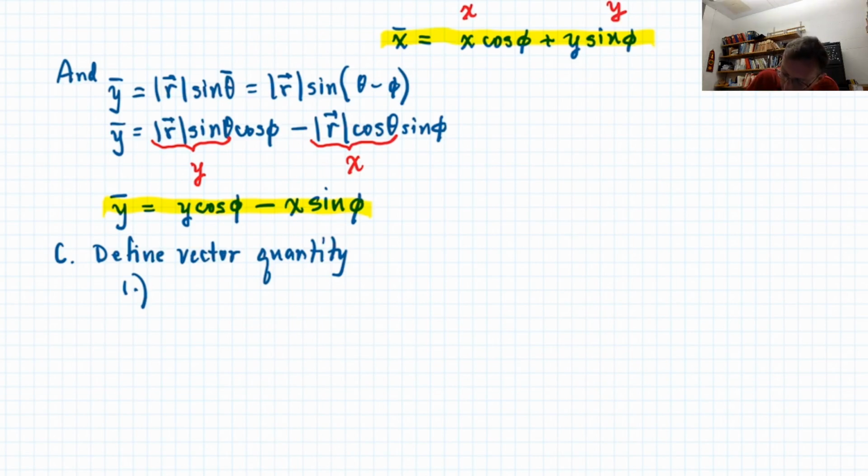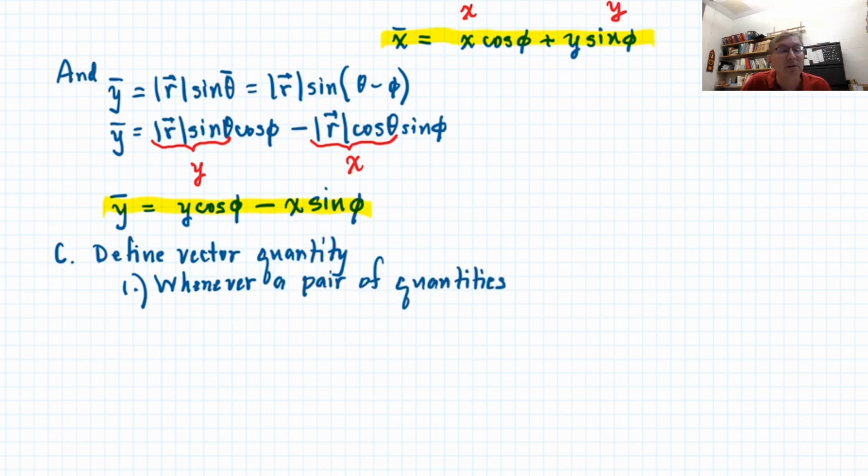All right, so here we go. Whenever a pair of quantities, I will denote them now because I'm not going to just limit myself to thinking about displacement. I'm going to label them capital A sub x and capital A sub y, to remind you of components of vectors like we talked about in lecture 2.